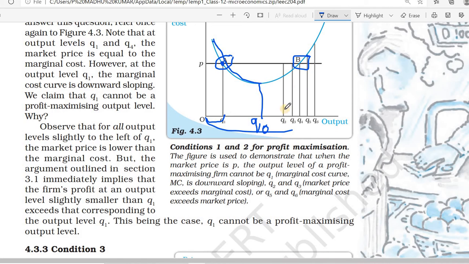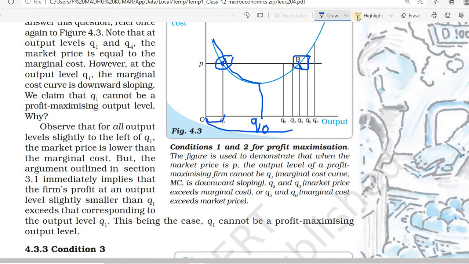Why are we not taking Q2? Beyond Q2 and Q3 he can produce Q5 or Q6, but at Q5 and Q6 marginal cost is exceeding. What is the problem here? At Q4, price equals marginal cost.